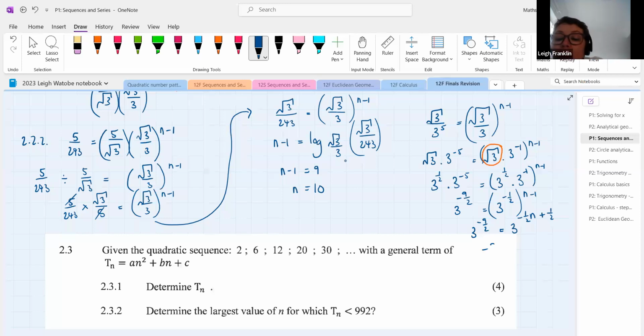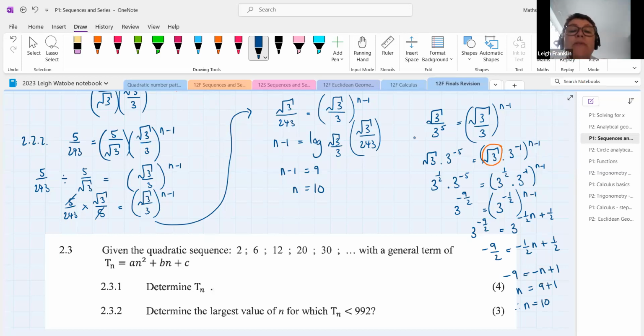So I can equate -9/2 is equal to -1/2 n plus 1/2. I can multiply everything by 2, so I get -9 is equal to -n plus 1. And now if I swap the n and I put it on that side, and then on this side I've got 9 plus 1, so I'd get n equal to 10.